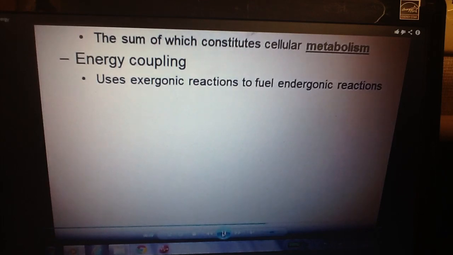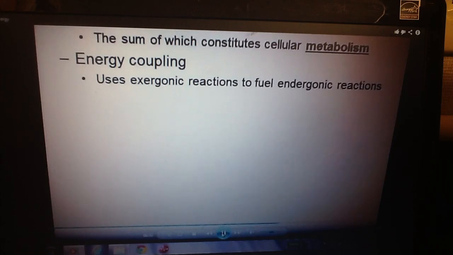Now, cells carry out thousands of chemical reactions. Cellular metabolism, as we know it, people say, oh, I have a fast metabolism, that's why I'm skinny. I have a slow metabolism, and that's why I'm fat. That is not metabolism as we know it in biology. Metabolism is simply what chemical reactions are happening inside of an organism at any given time.